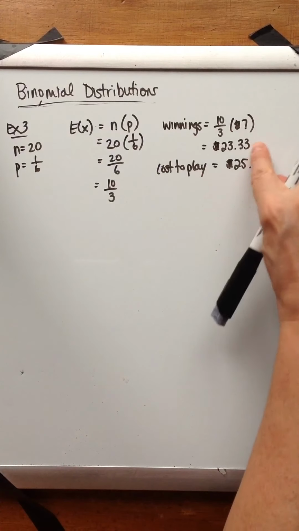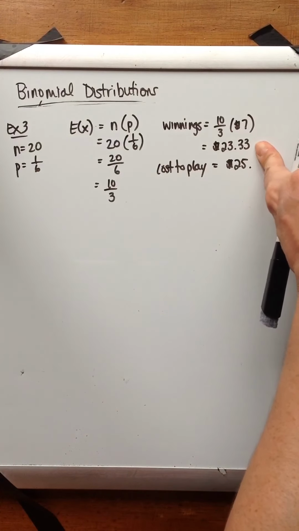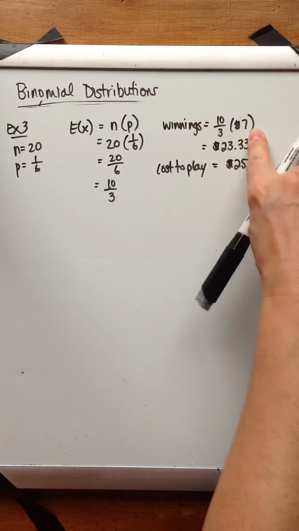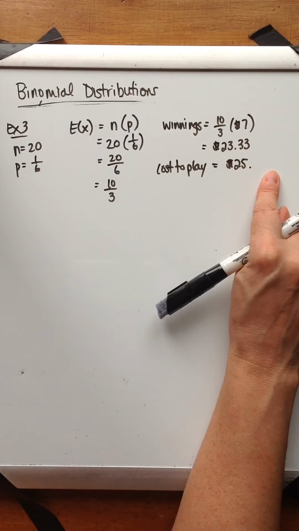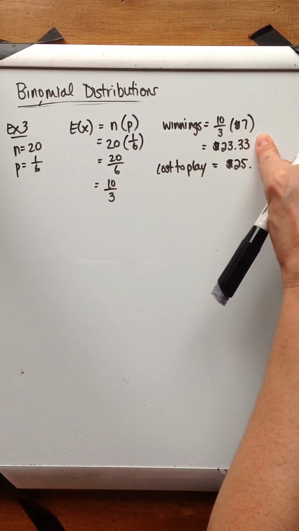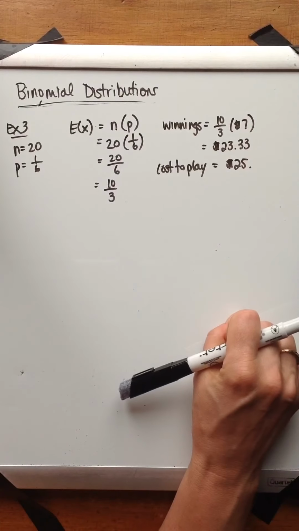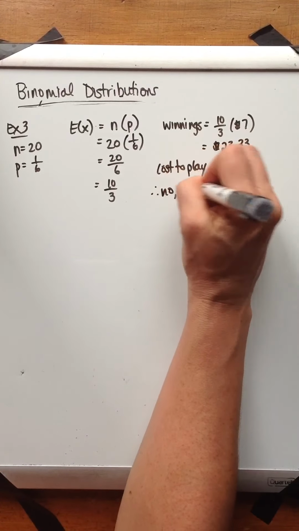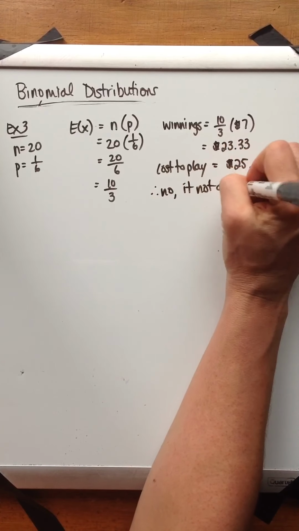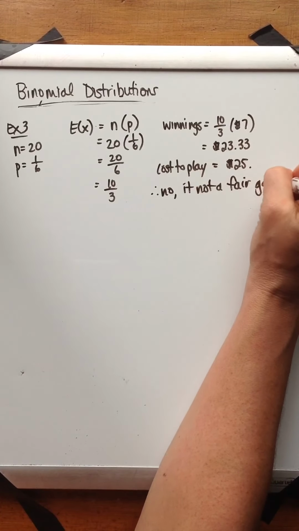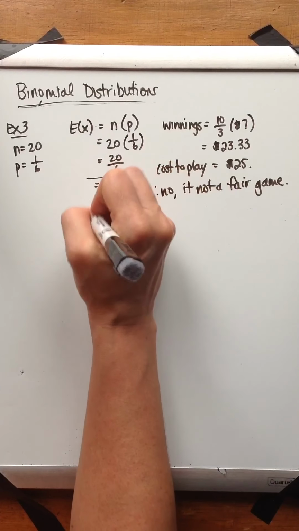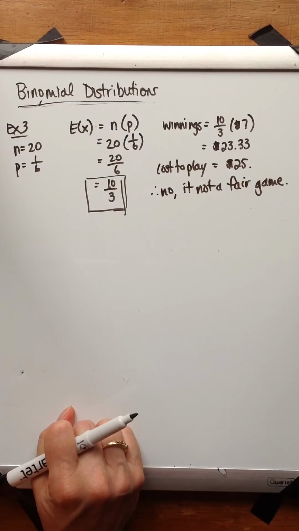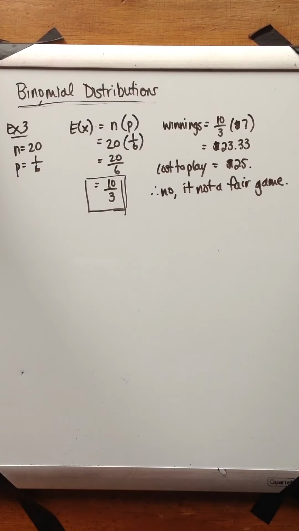So on average, you would have a best chance at making $23.33, but you paid $25 to get in. So since these are not equal, the person who has this game has the advantage, right? You're putting in more than you could possibly win back out. So is this a fair game? No, it is not a fair game. And the expected value, or the one that we think should come up the most, helps us in determining whether it's fair or not. All right, one more example.